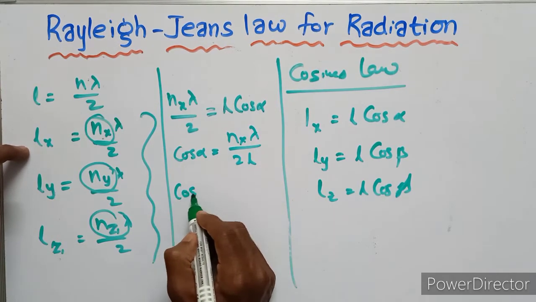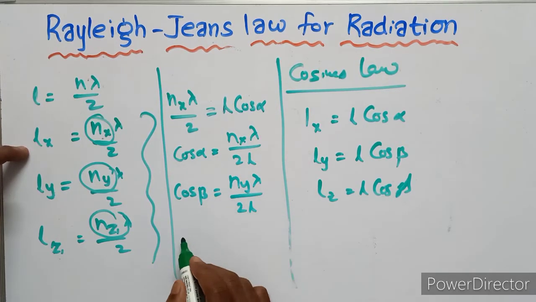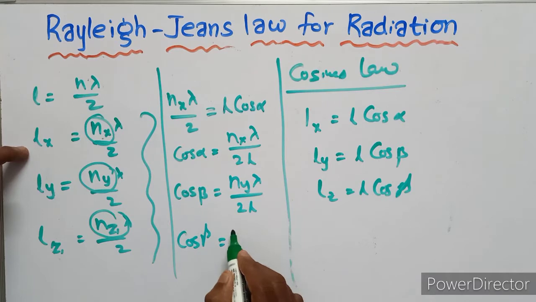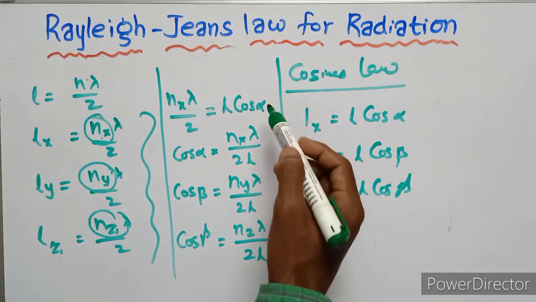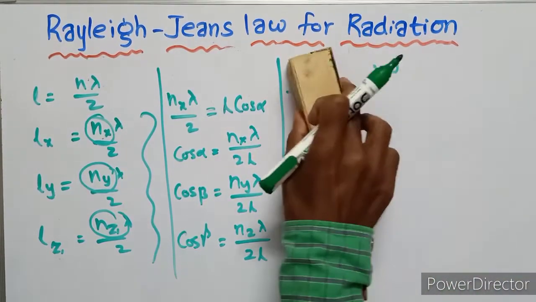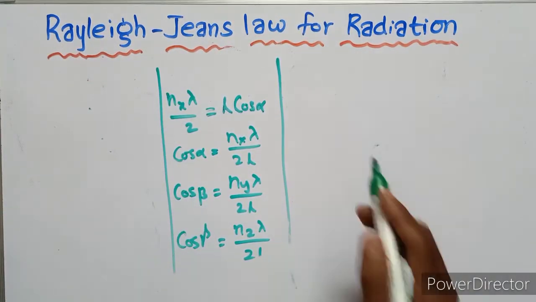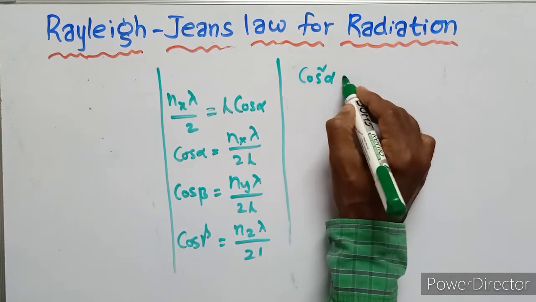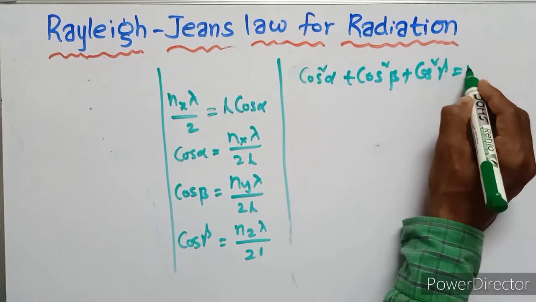Similarly cos beta equals ny lambda upon 2L, and cos gamma equals nz lambda upon 2L. So these equations are derived from cosine laws. From the cosine law in vector algebra, cos square alpha plus cos square beta plus cos square gamma equals 1.